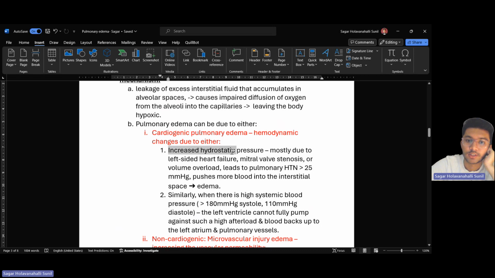So increased hydrostatic pressure. The cause of this could be left side heart failure or mitral valve stenosis because basically there will be a backward flow of pressure from the left side of the heart back into the lungs, and that's why there'll be increased pressure within the capillaries. And this is nothing but the pulmonary hypertension that we speak about.